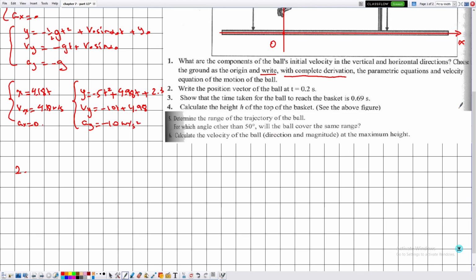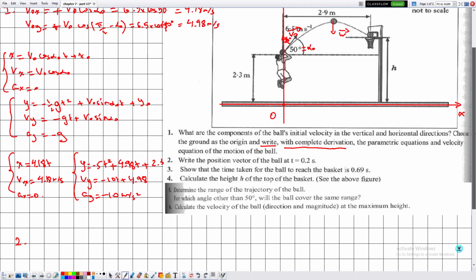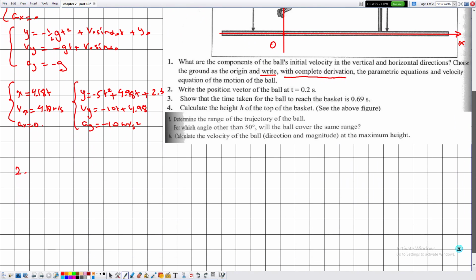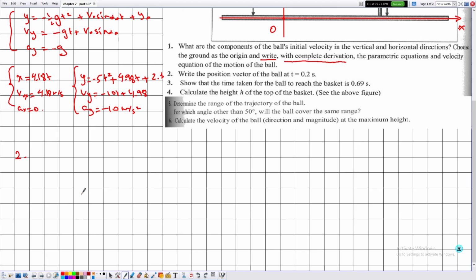they are telling me write the position vector of the ball at t is equal to 0.2 seconds. This is straightforward. We know that the velocity vector at any instant is given by vx i plus vy j, in which this is the instantaneous velocity.